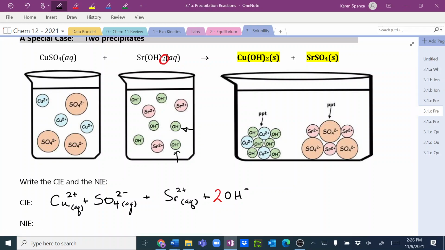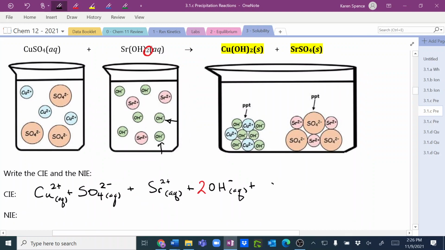So that's nice. Those are our reactants. And our products, well, they're solids, so they just stay together. We have Cu(OH)2, solid, plus SrSO4, solid. And if you go looking for spectator ions, you will find none.